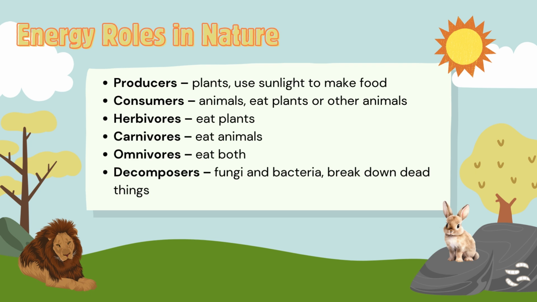It can be humans or animals or microorganisms, it doesn't matter. Herbivores only eat plants, carnivores only eat meat, and omnivores eat plants and meat. And last, decomposers are things like fungi and bacteria that break down dead things.